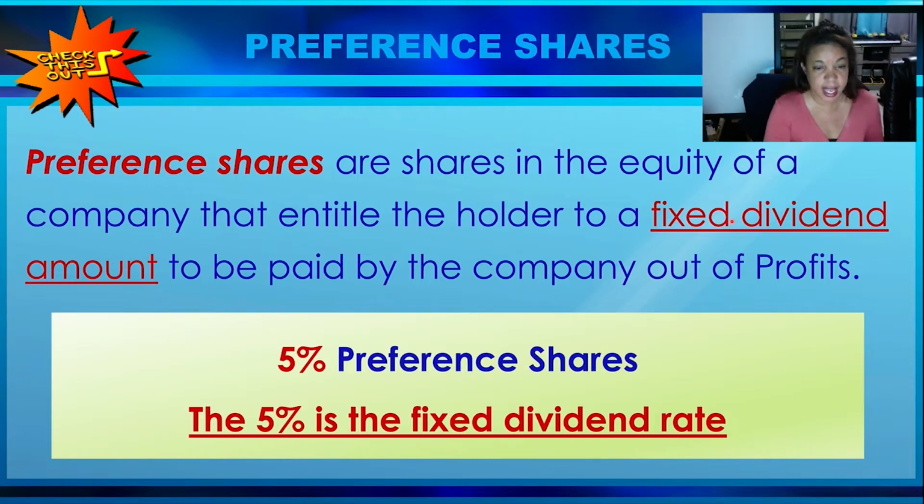So when you see preference shares with a percentage in front of it, 5% preference shares, 7% preference shares, that signifies their fixed dividend rate attached to those particular shares. So they will always get the 5% every single year. And you will see 5% of what as we move on with the accounting.